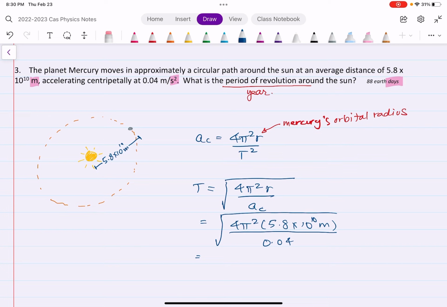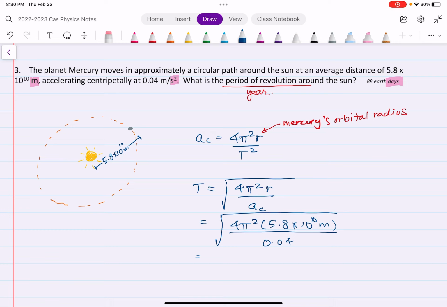pause for a second while I calculate this. 4 times pi squared times 5.8 times 10 to the 10 divided by 0.04.